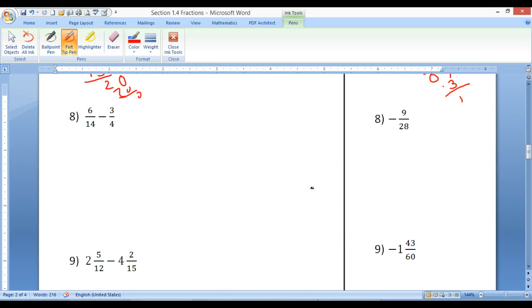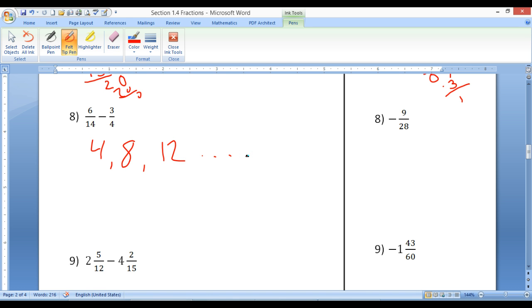Okay, so we have 6/14 minus 3/4. So again, we need to look for a common denominator. Use any method you would like. You can go ahead and list them out. 4 times 2 is 8, 4 times 3 is 12, and so on.